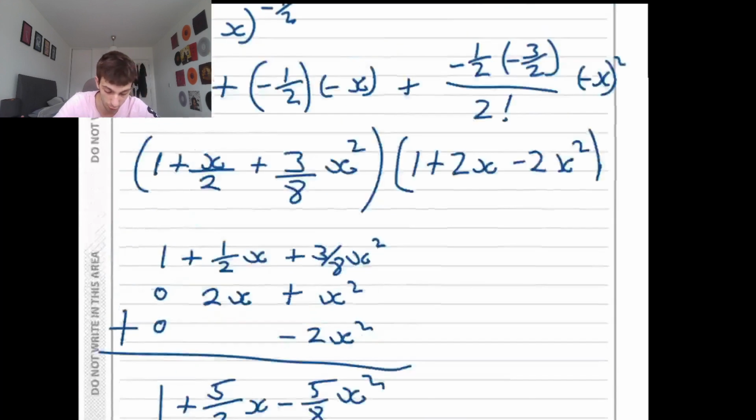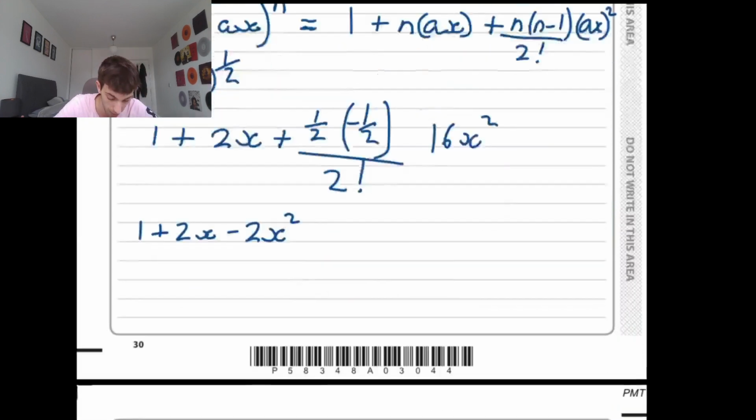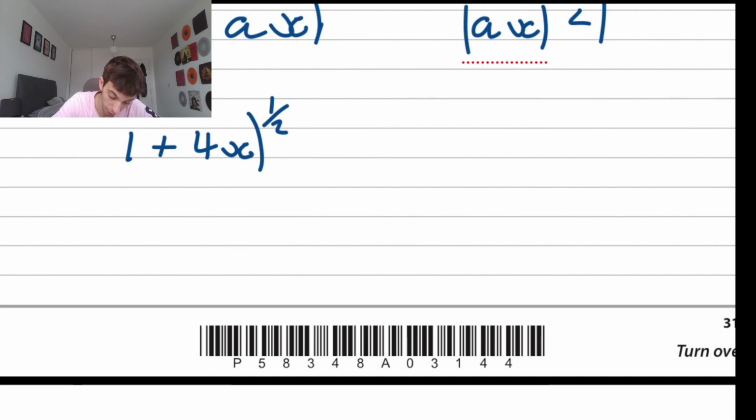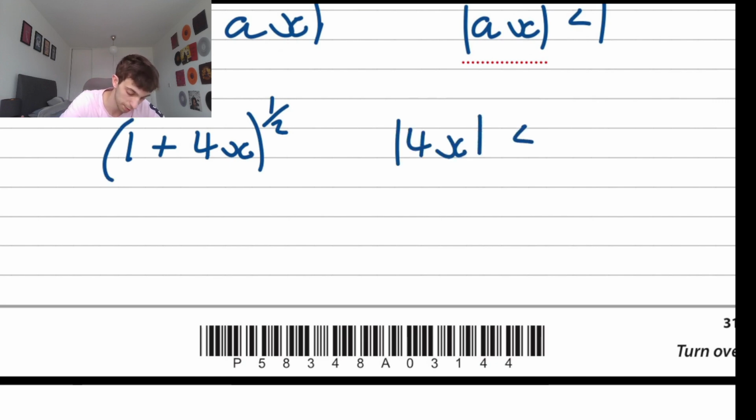Okay, so if we focus on the numerator here, looking at this 1 plus 4x, so we expand it out, 1 plus 4x to the power of a half. For this to be valid, we must have that the modulus of 4x must be less than 1. We can rewrite this as 4x must be larger than minus 1 and less than 1, because the modulus is the positive version.